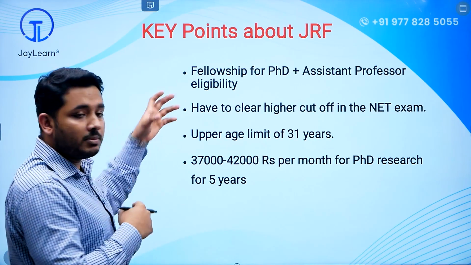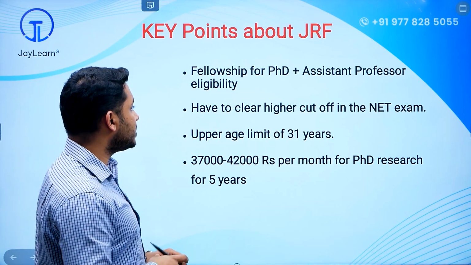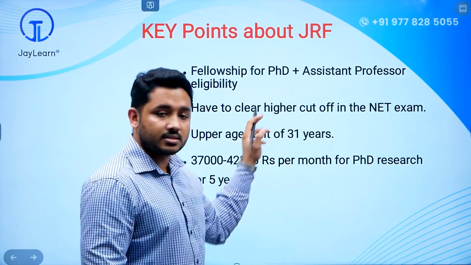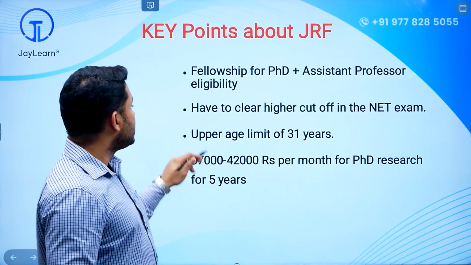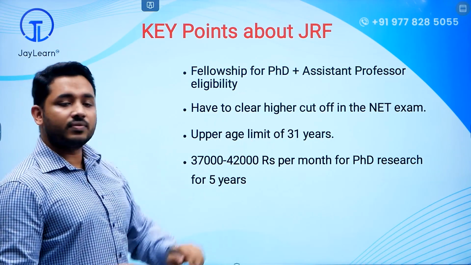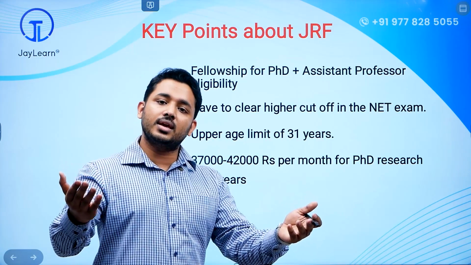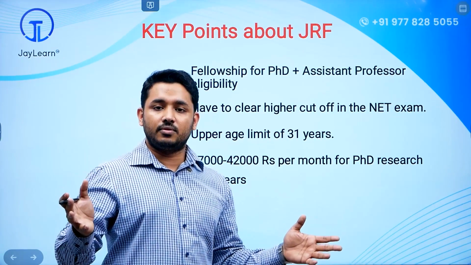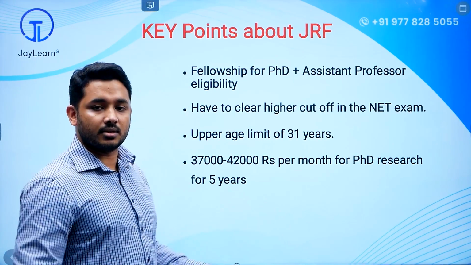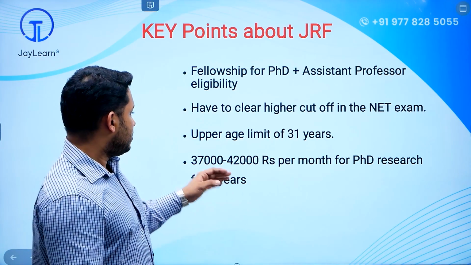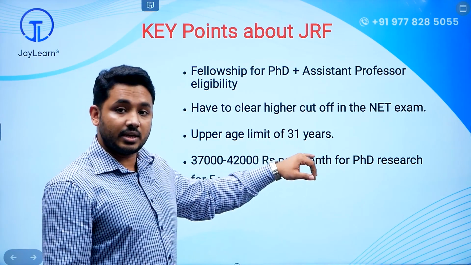So once again, the key points about JRF, Junior Research Fellowship. It's a fellowship for PhD and assistant professorship. You have to clear a higher cutoff in the NET exam. As I said, there will be a higher cutoff for JRF because you're going to get 5 years of salary, basically fellowship. Upper age limit of 31 years.